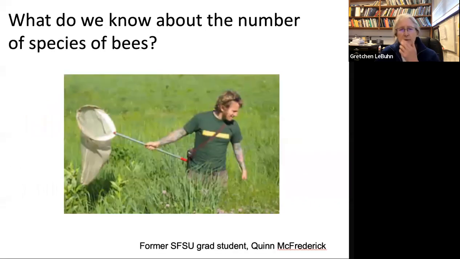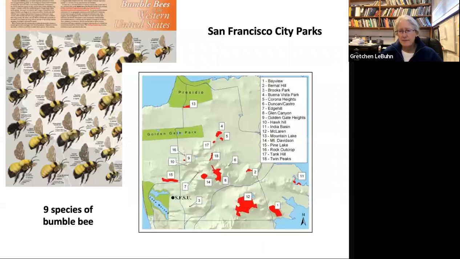So to look at the number of species of bees, one of my former graduate students, pictured here, Quinn McFrederick, and I decided to go out and survey the different park areas around San Francisco. And we went out to 20 different parks in the city. They're mapped here.